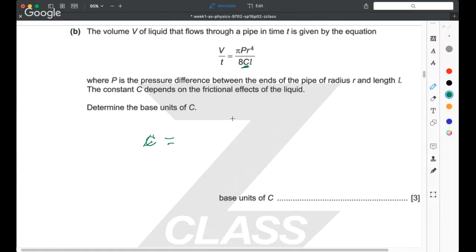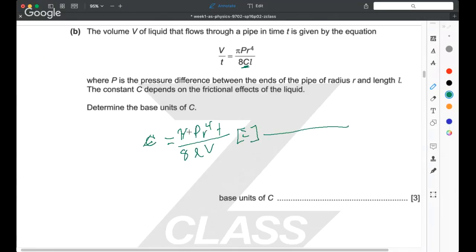So you will have P, the pressure, times R squared, times the time, over 8 times L times volume. The only thing you have to do is to substitute for the units.